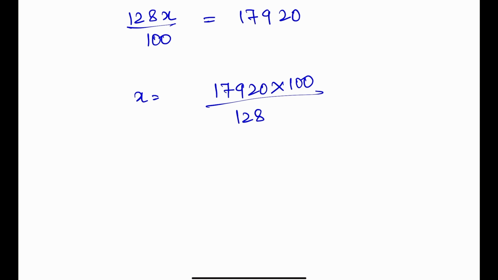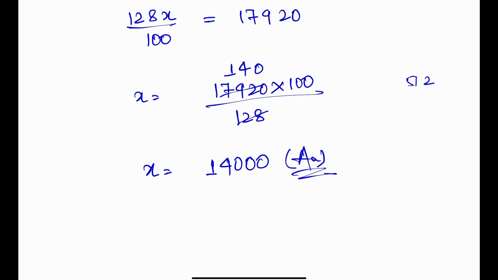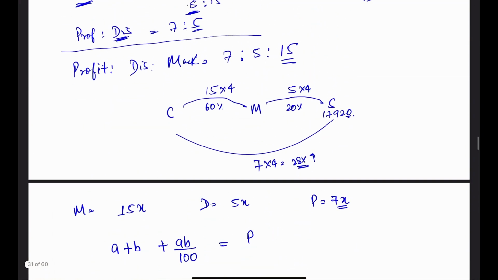So 128 will give 512, and so my x will be 14000, which is the answer of this question. So yeah, this question is done nicely.